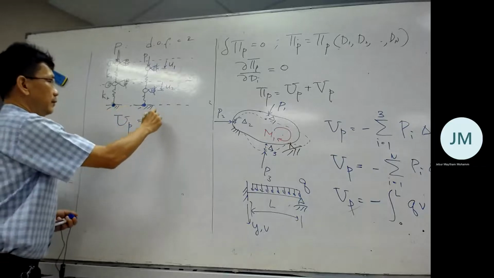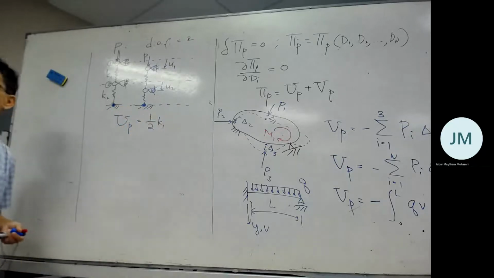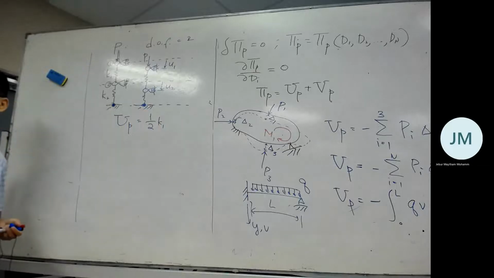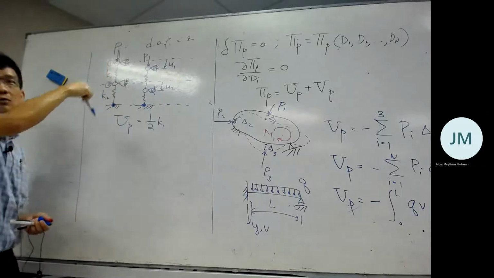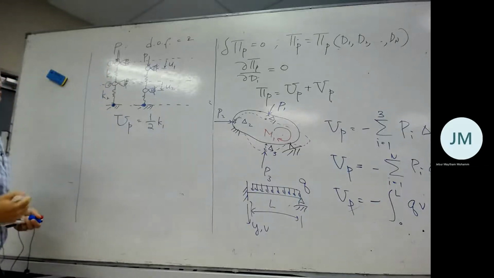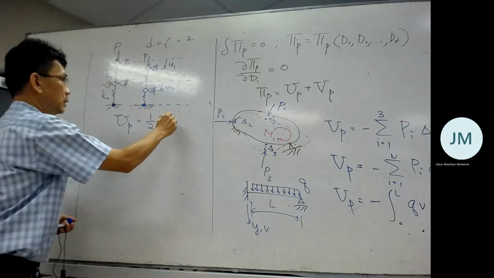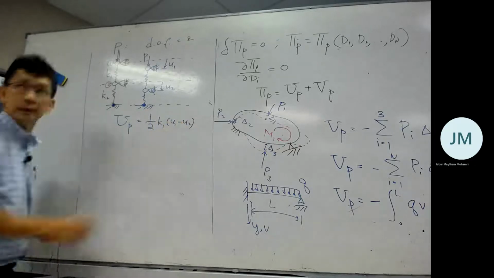The first spring is half K1 multiplied by the change in length of that spring. This one moved down by U1, this one moved down by U2, so the change in length of that spring is U1 minus U2.